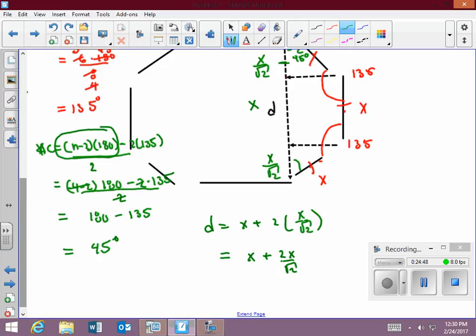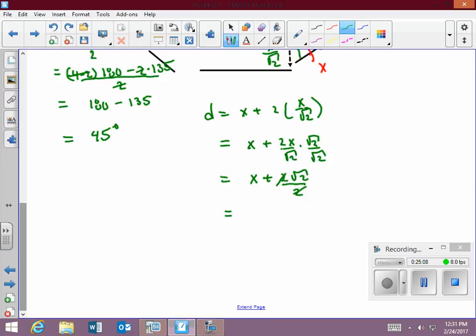You always rationalize, you don't leave that in the denominator. So this is x plus 2 square root of 2 over 2, which is x plus the square root of 2. Now did I do that right?